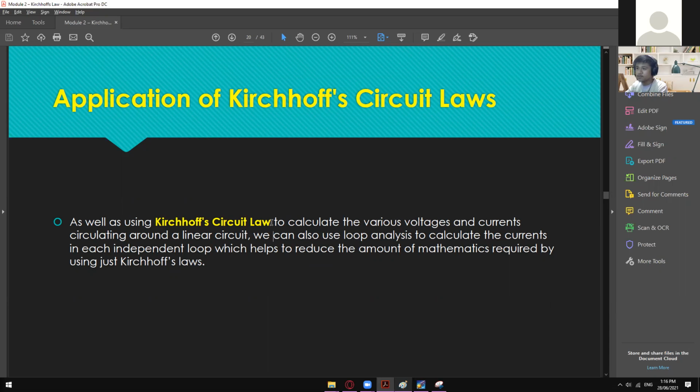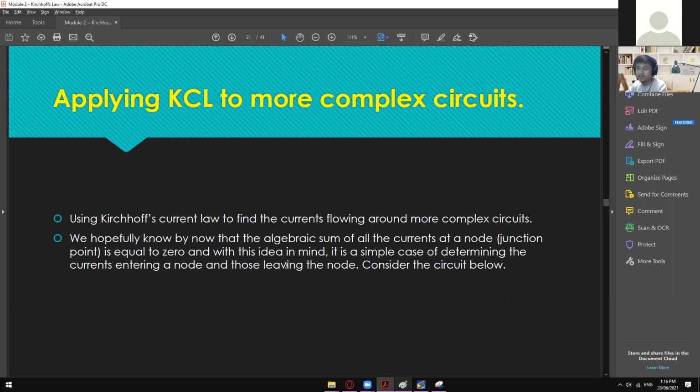This one is super similar also to Ohm's law. Whatever you can do in Ohm's law, you can also do in Kirchhoff's circuit law. You can find the individual voltage drop, individual current, et cetera. Just a different method.